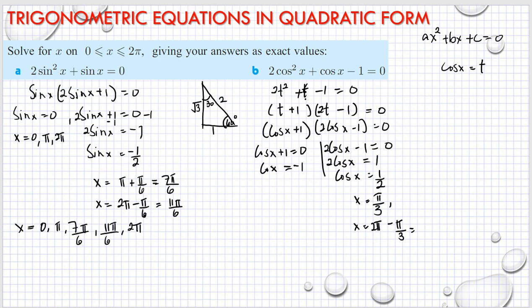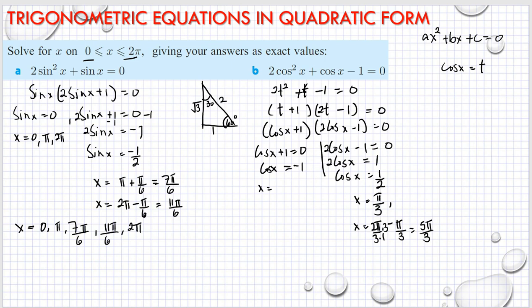Then we have 5 pi over 3 here. By 3 there's 6, 5 pi over 3. Okay, and then we have cosine x is equal to negative 1, and we know that cosine is negative in the second quadrant and the third quadrant.